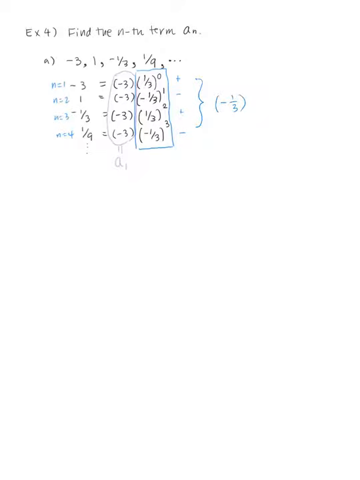So when n equals 1, the exponent on 1/3 is 0. When n equals 2, our exponent is 1. N equals 3, exponent is 2, and so forth. That's 1 less, isn't it? 1 less than n. So here, I'm going to write it as n minus 1. So I think we're pretty much good to go. So therefore, our nth term, a sub n, is going to be -3 times -1/3 to the n minus 1.